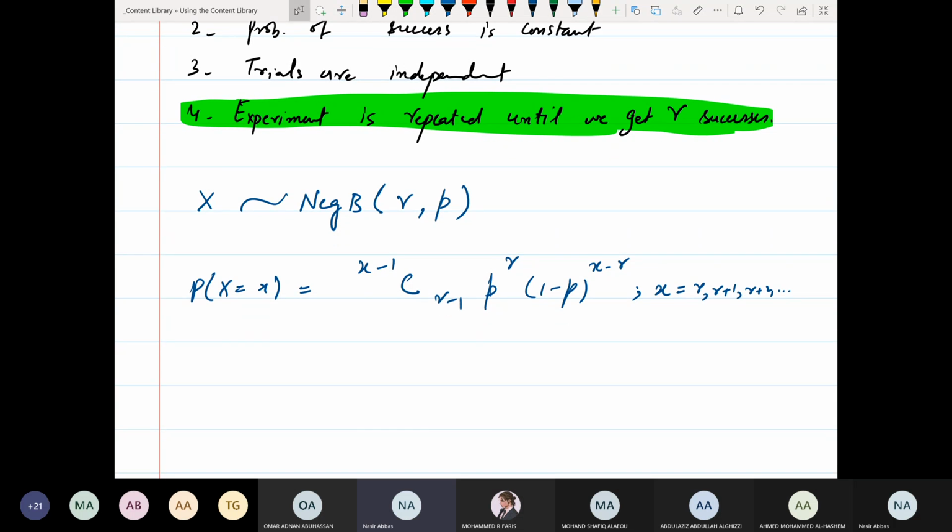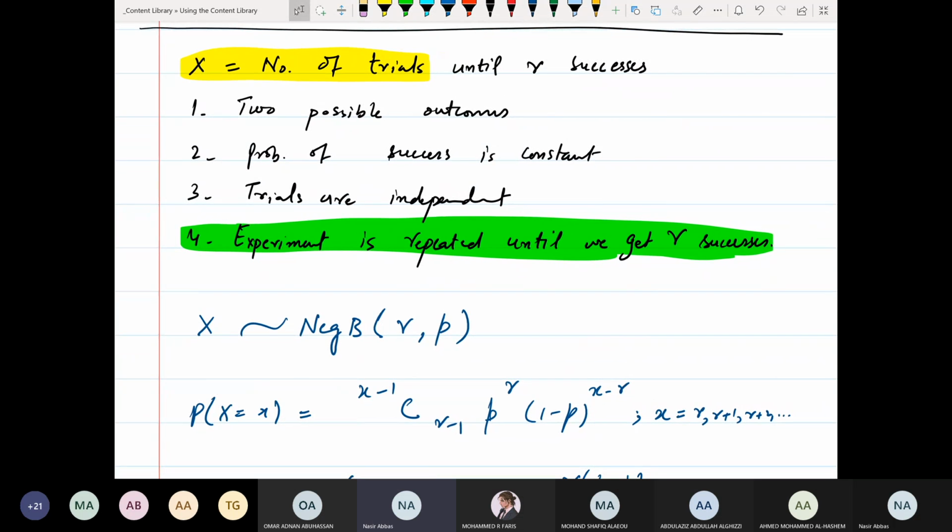And if you're able to recognize that X has a negative binomial distribution, the expected value will be given as R over P in the formula sheet, and the variance will be given as R into 1 minus P over P square. And we will do some examples of this negative binomial distribution in the next class, where you will be interested in the number of trials until R successes.